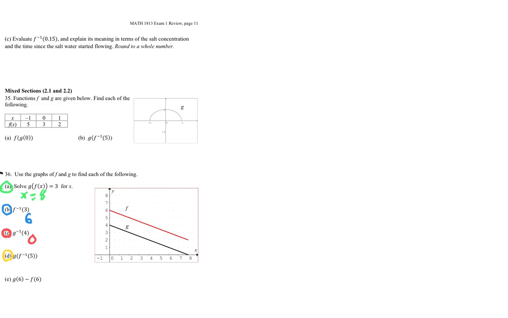Alright, so we're looking at 36D here. We want to know what g of f inverse of 5 is. So we first want to know what f inverse of 5 is. So we can write that as f of x is equal to 5. So we want to go over to our graph and find what our x value is when y is 5 of our f function. So I'm going to go over here. Y is 5, come across, go down.